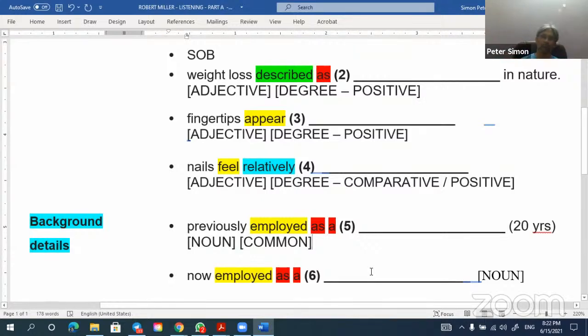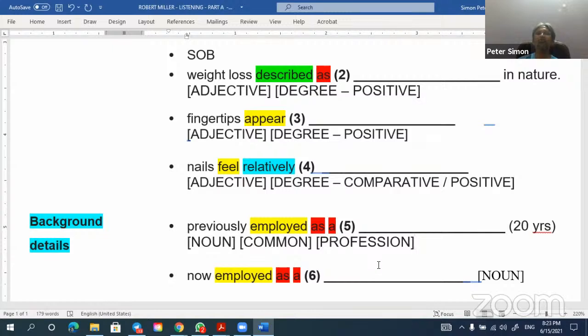Doctor is a common noun, and this common noun is related to profession. And this is countable, because A means countable.